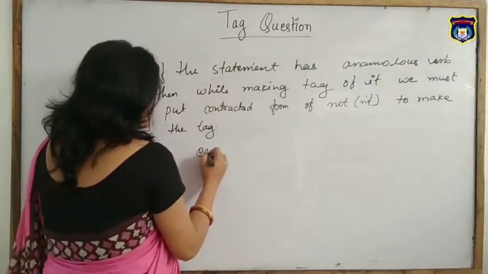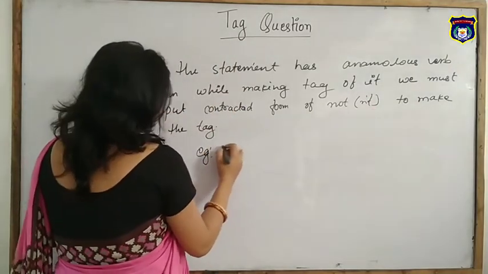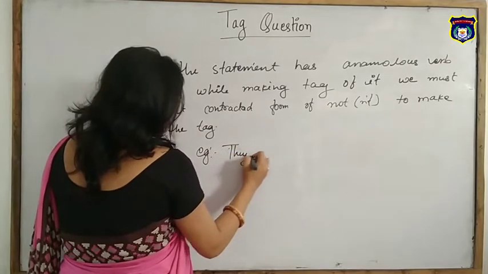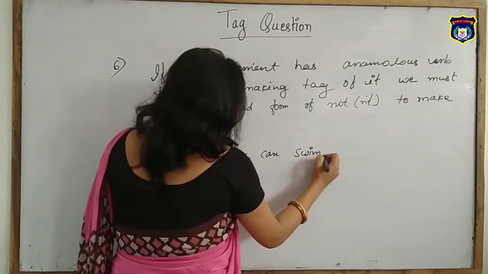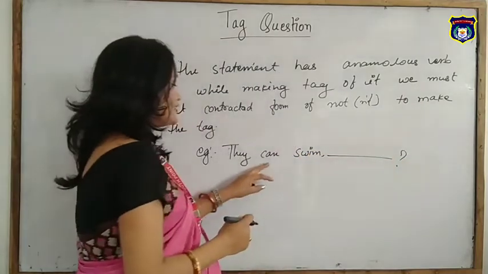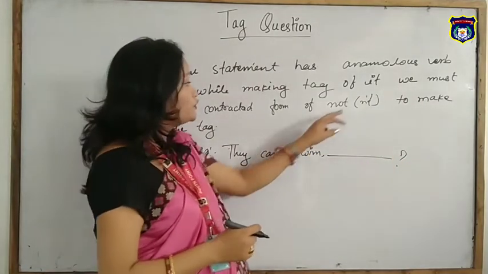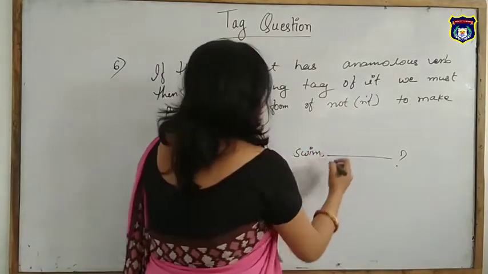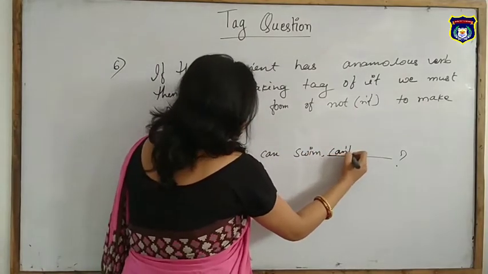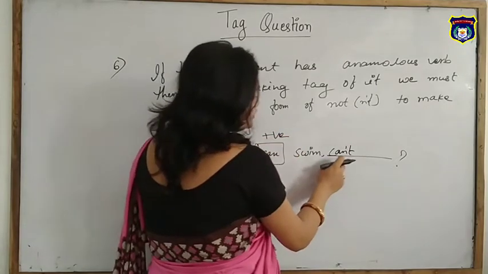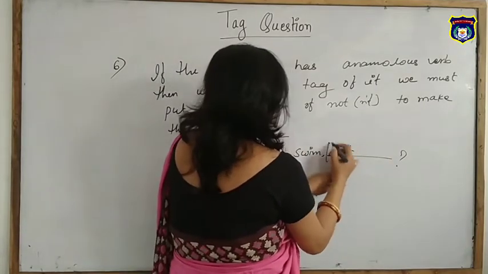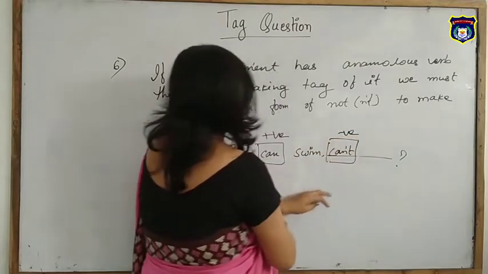So to be more clear, let's see the example. They can swim. So what's the tag of it? Can. It's an anomalous verb. Therefore, we must put the contracted form of it. So it should be can't, since the statement is positive. Therefore, can't, it's negative, and then they.